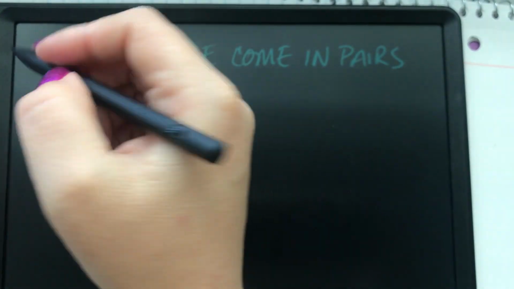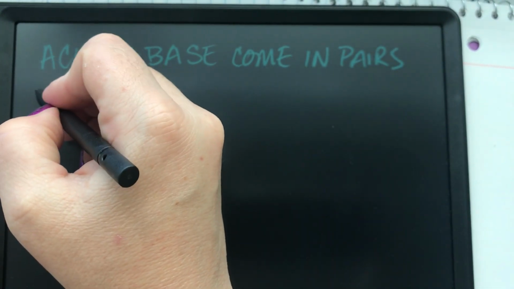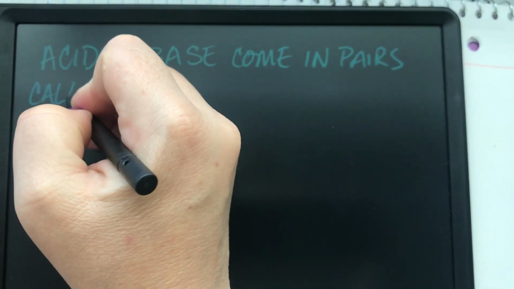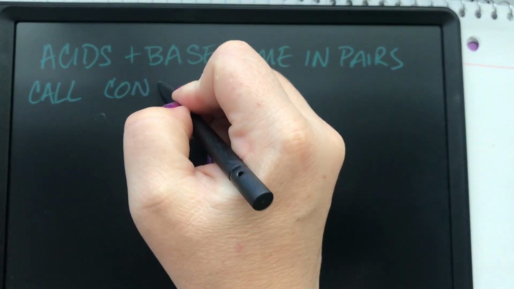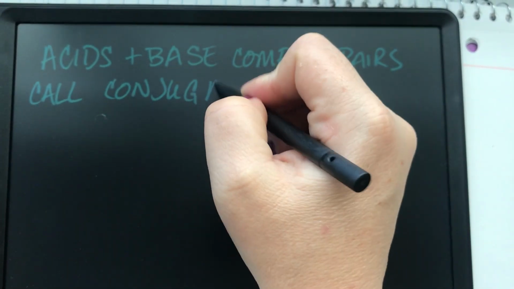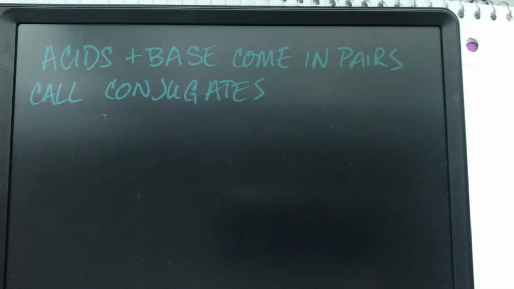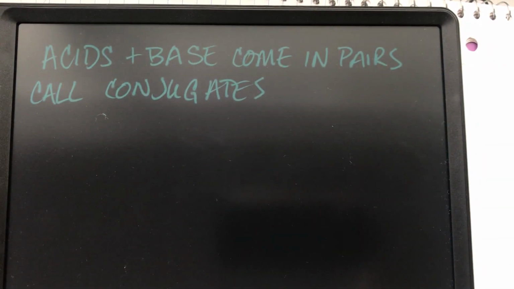Those pairs are called conjugates, meaning partners. That's how I think of it. Conjugates, like a conjugal visit, not like conjugating a verb.